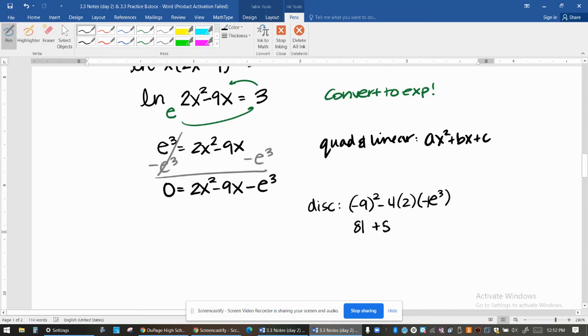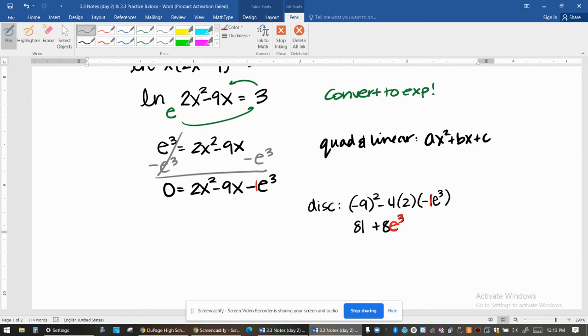That would be positive 8e cubed. Remember, the coefficient for e was negative 1. So again, notice I left the e as is.